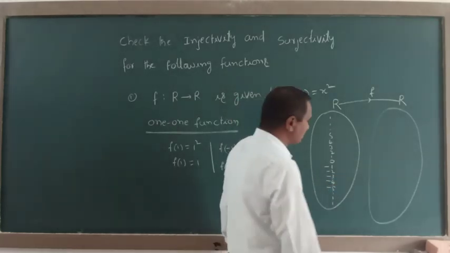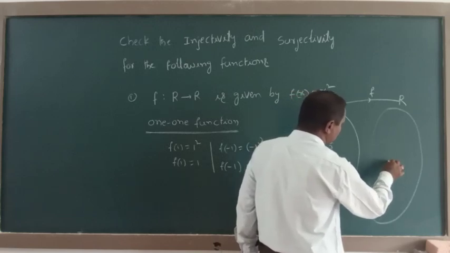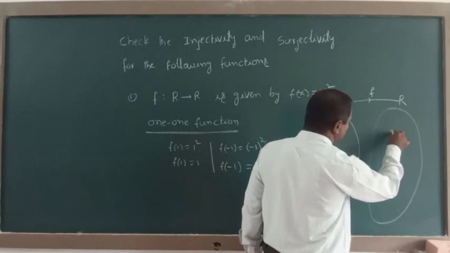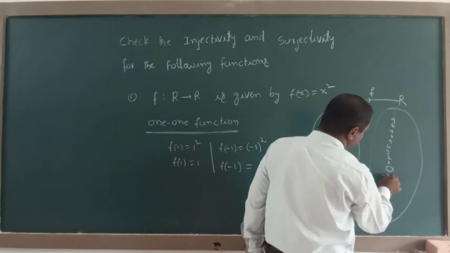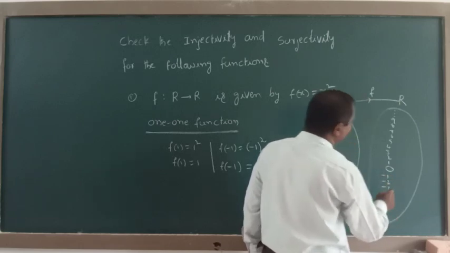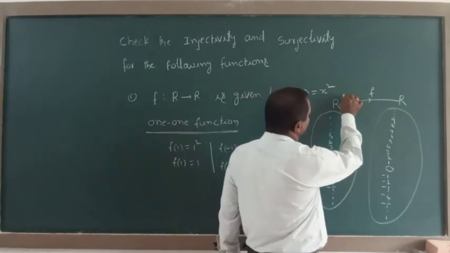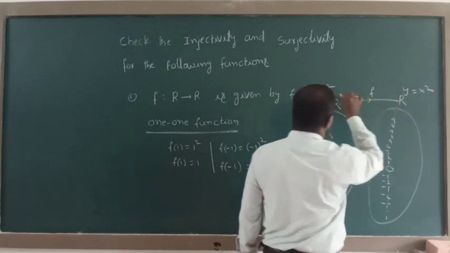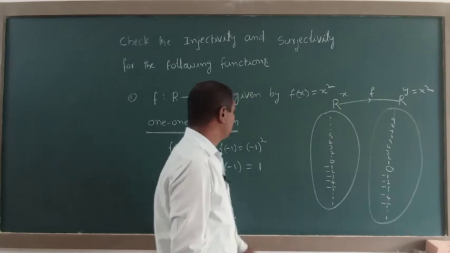Here also take some elements in the codomain capital R: 1, 2, 3, 4, 5, 6, 7, 8, 9 and so on, and minus 1, minus 2, minus 3, minus 4, minus 5 and so on. It is x and it is y is equal to x square.